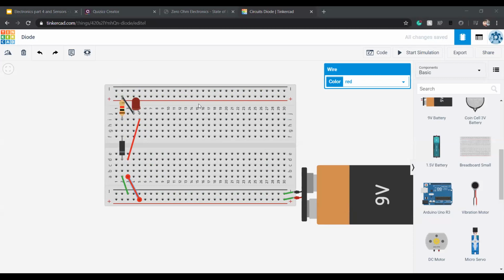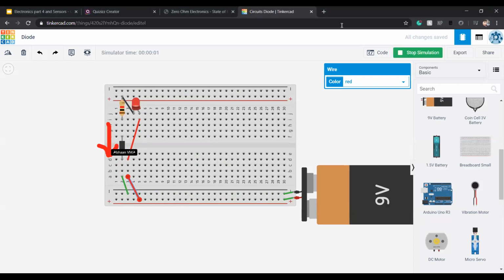Okay, now do you all think this will turn on? Like I told you, the white line represents the head of the arrow. So the diode is going to allow current in this direction. From the positive, it's flowing like that, coming like this, and it is going to go the right way, right? So will this turn on? We turn it on and we see it turns on, right?